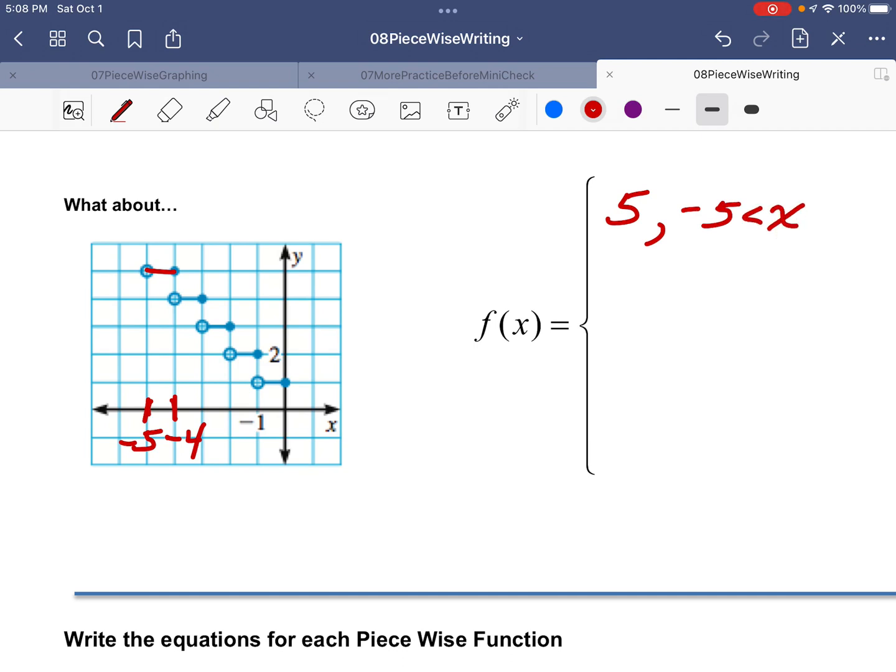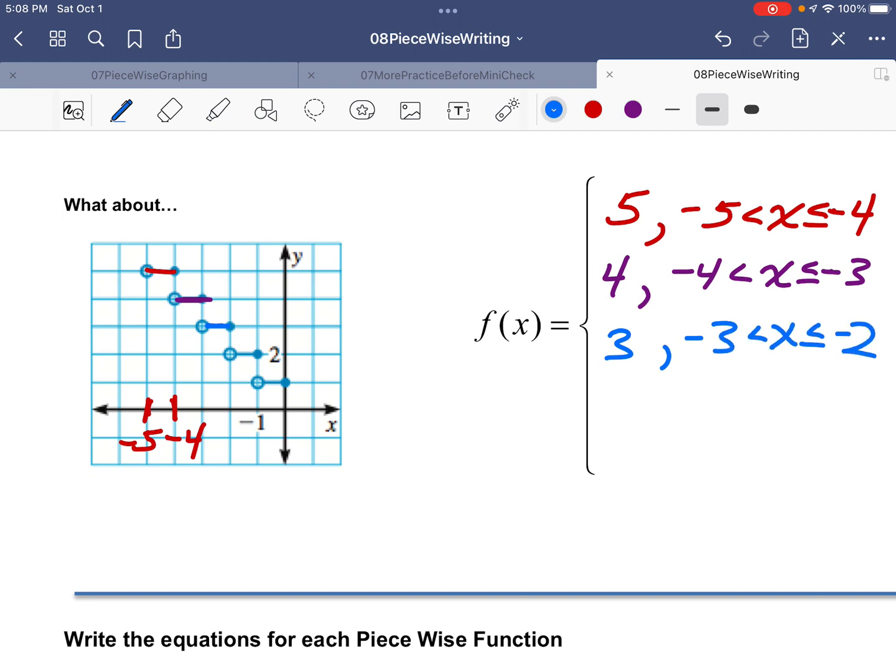But I have an open circle at -5 and a closed circle at -4. So it will be equal to -4. How about the next step? The next step's at -4, but we're going to be between -4 and -3. Of course, we're equal to -3 because it's closed. And each step just keeps going down here.